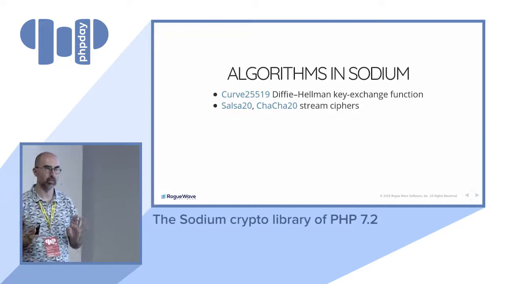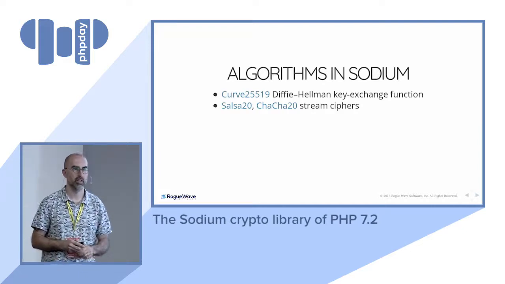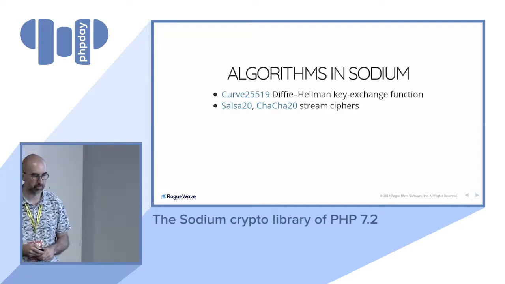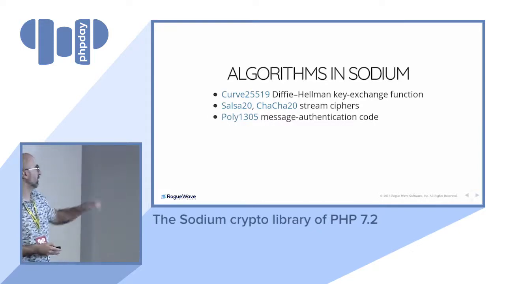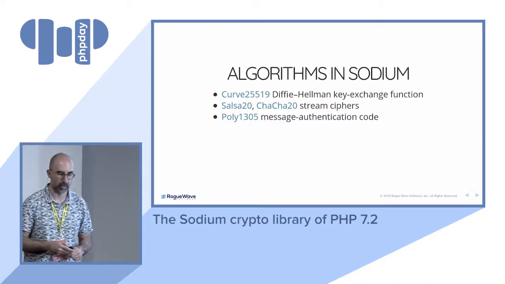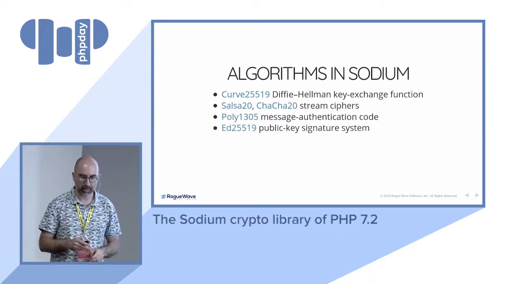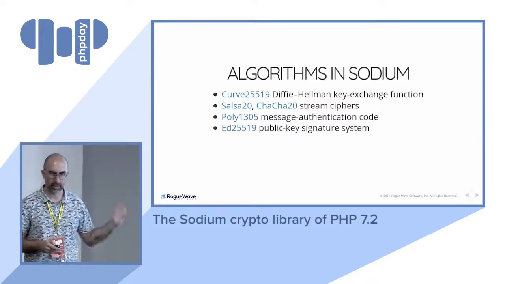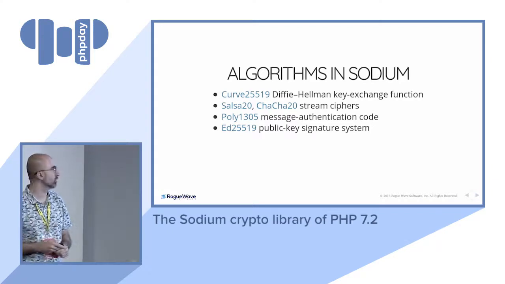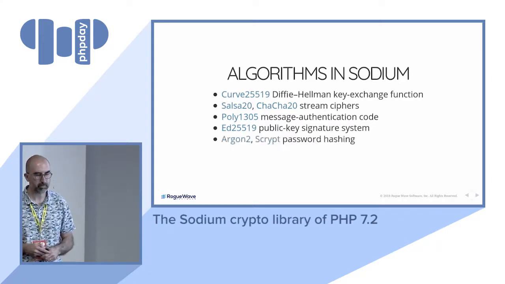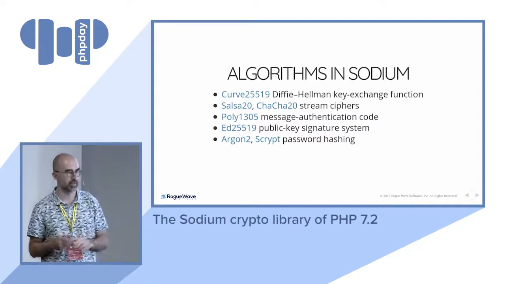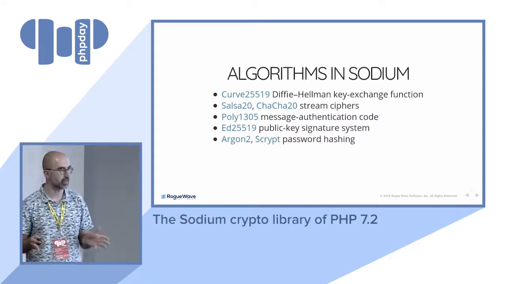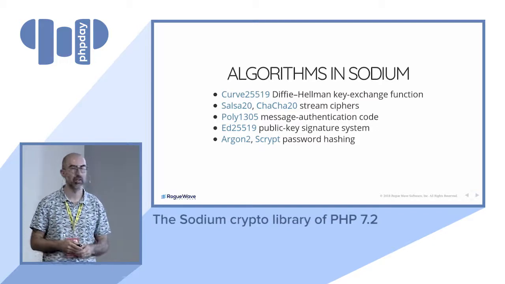So these are the only two stream ciphers available in Sodium. For message authentication code, they use Poly1305. For the public key signature system, they use elliptic curves, which I'm going to introduce in a while. For password hashing, they use Argon2 and scrypt. So there is no decrypt here, so very opinionated.